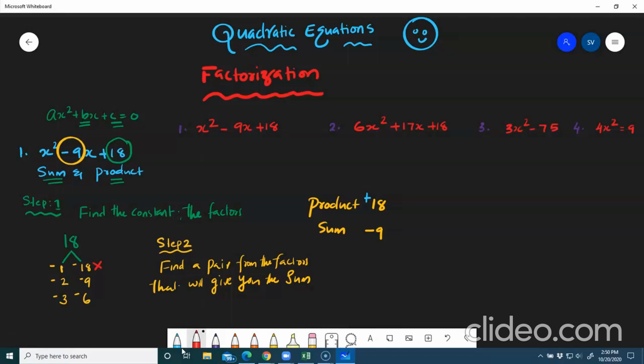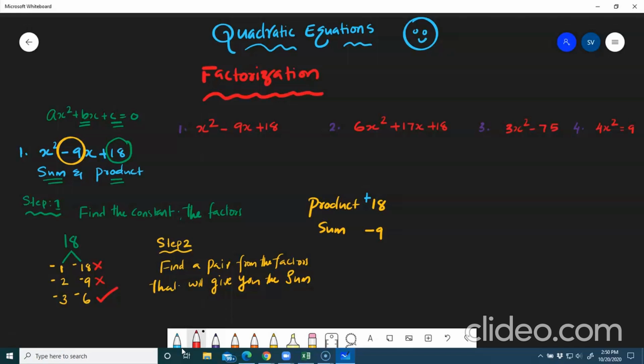Negative 2 times negative 9 is positive 18, but negative 2 plus negative 9 is not negative 9, so cross it out. Next, negative 3 times negative 6 is positive 18, and negative 3 plus negative 6 is negative 9. So this represents the pieces.